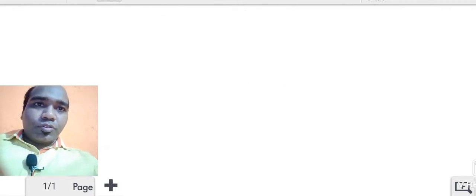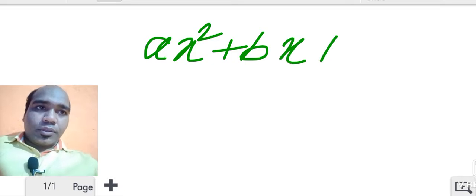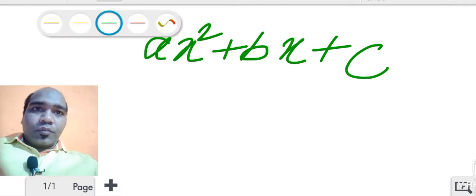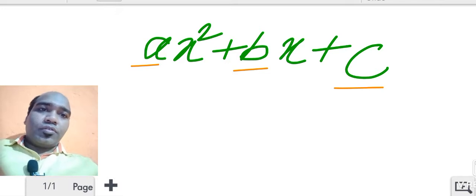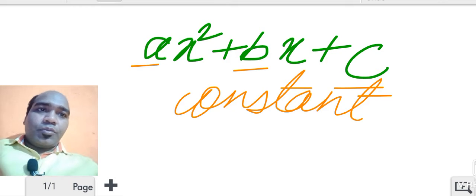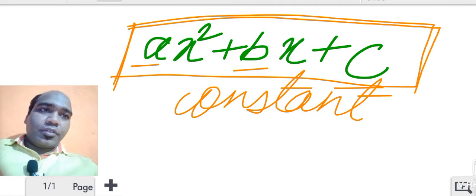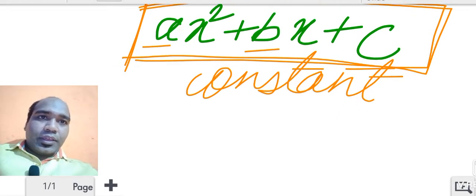So, if a polynomial is in the form ax square plus bx plus c, where a, b and c are constants, and if we have to factorize this polynomial ax square plus bx plus c, then how will we factorize it?